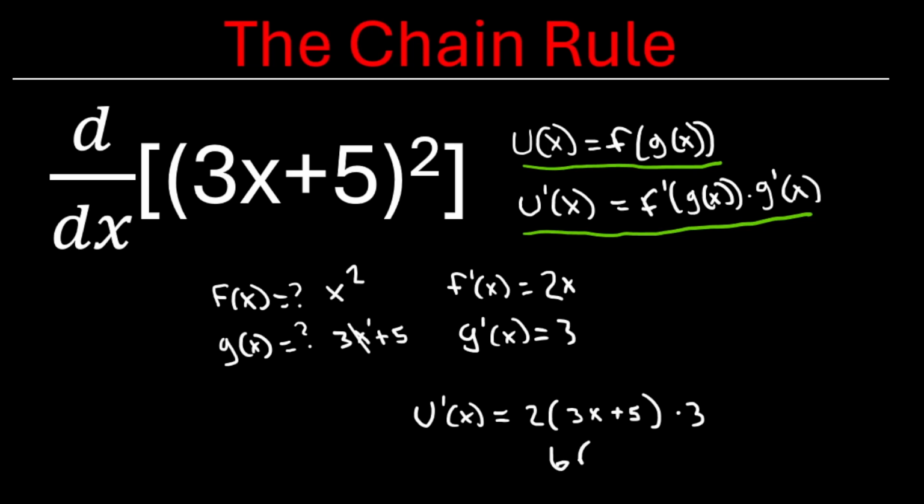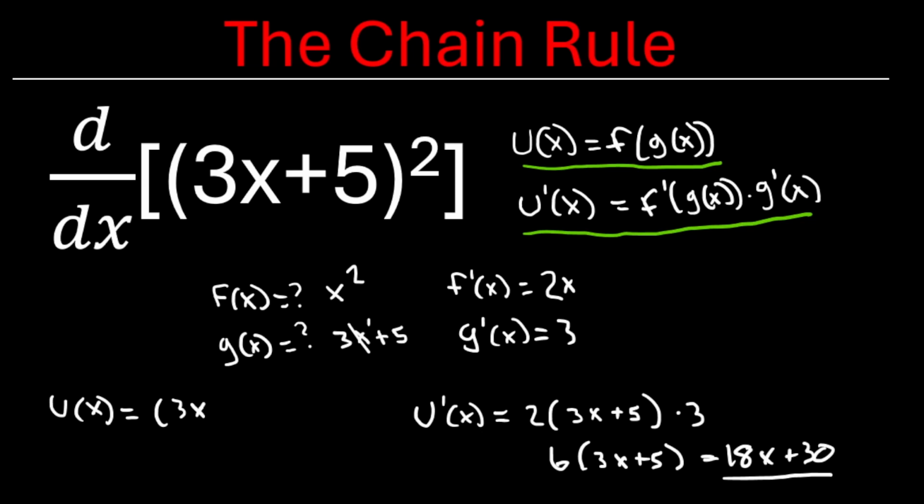So we get 6 times 3x plus 5, or 18x plus 30. And I guess I should mention that in this example, in case you're not familiar with d dx, u of x is going to be (3x plus 5) squared. So we just found the derivative right there.